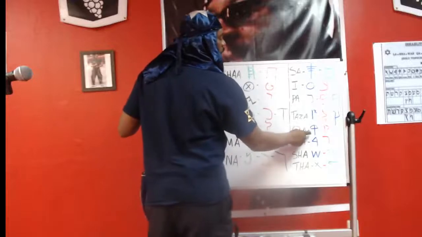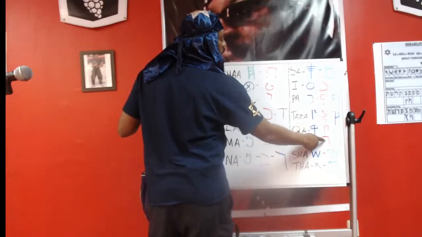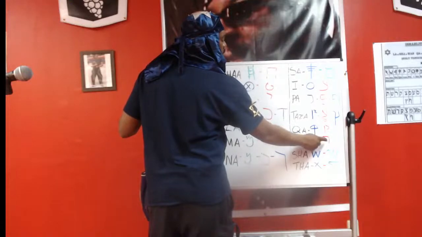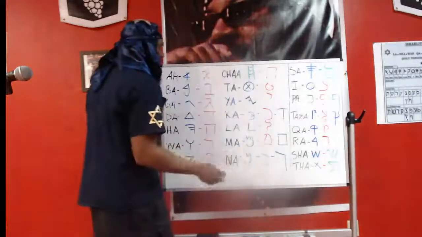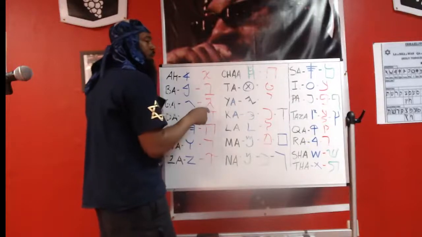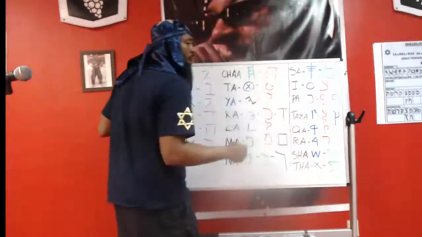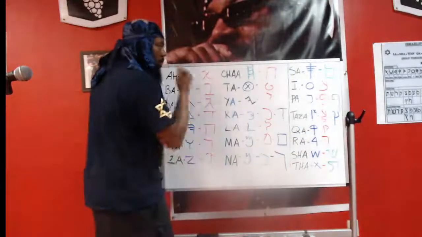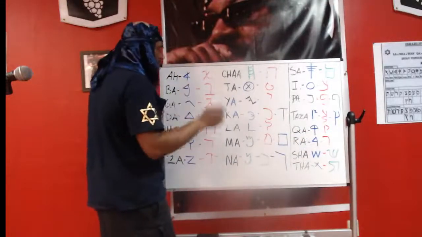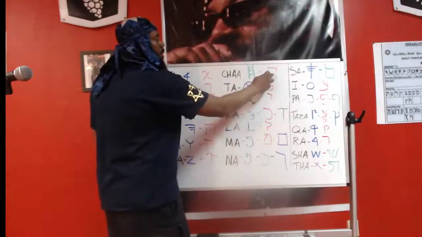Then we have Qua, Ra, and remember, Ra and Da can look alike, but Da is going to be straight forward, and Ra is going to have more curve appeal. Okay? And also, we forgot to go over Ha and Ka.